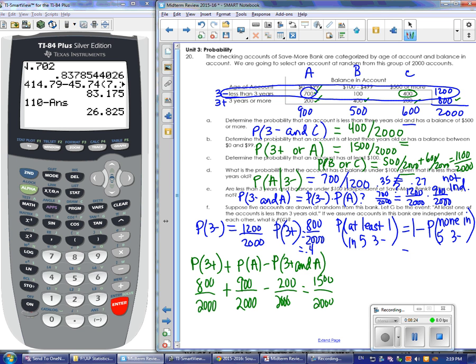And so I'm looking at 1 minus, if none of the 5 accounts are less than 3 years old, that means they're all over 3. And since there's 5 of them and they're independent, I'm looking at the first one is over 3, and the second one is over 3, and the third one, and the fourth one, and the fifth one. With and, I multiply. Since I have independence, I can just multiply 0.4 times itself 5 times, or simply 1 minus 0.4 to the fifth, and we get 0.9898.